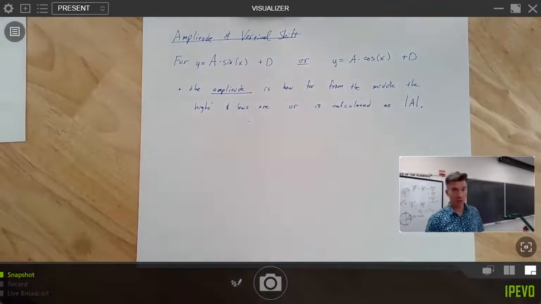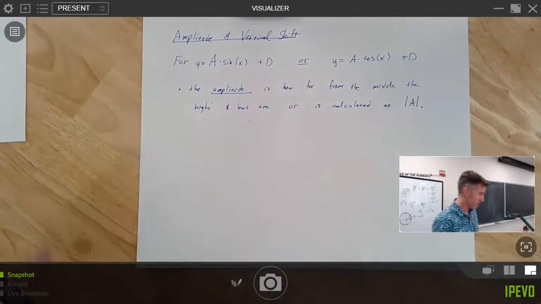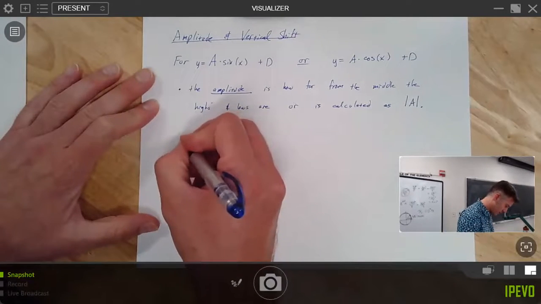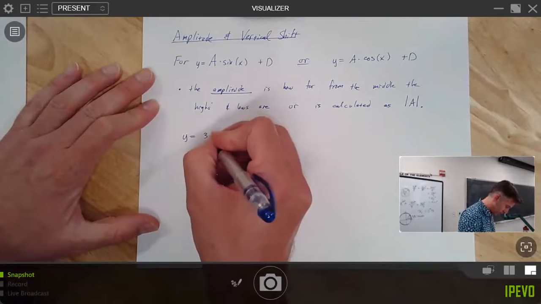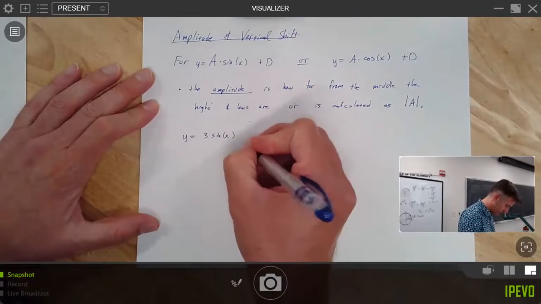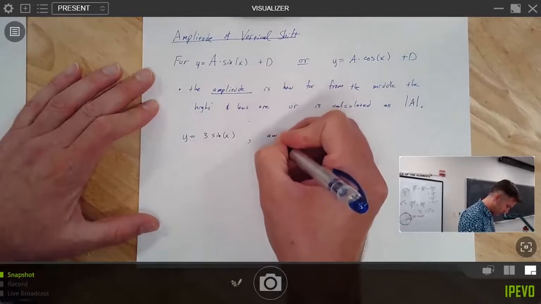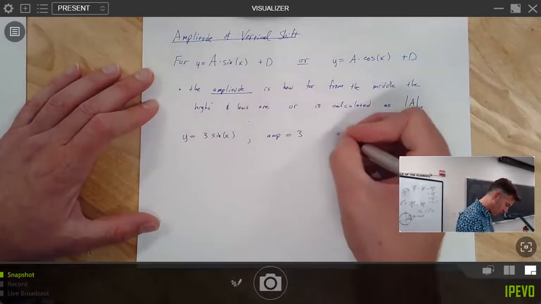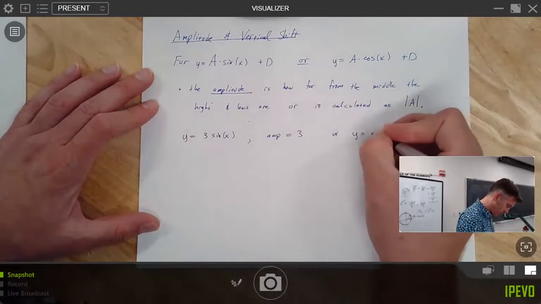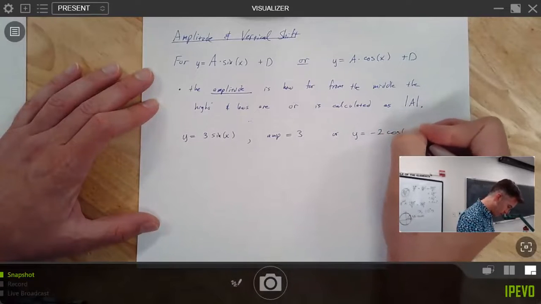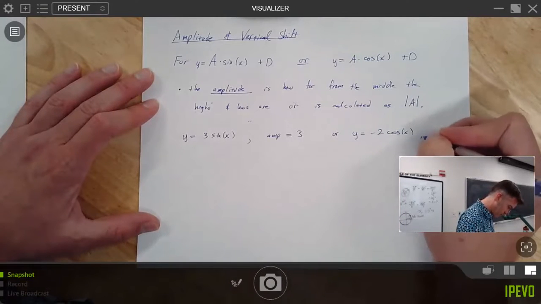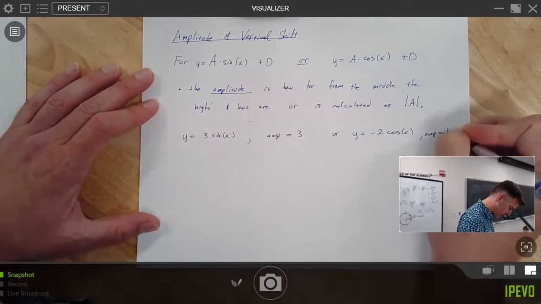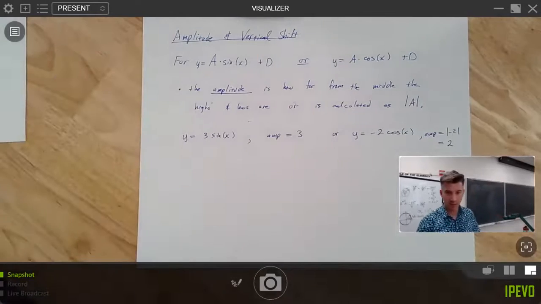So even if you're graphing, say, in fact, let's just write a couple examples. y equals 3 sine of x, the amplitude is equal to 3. Or y equal to -2 cosine of x, the amplitude is equal to +2 because it's the absolute value of -2.